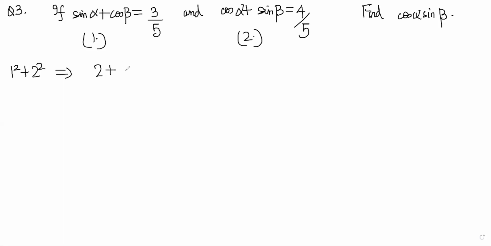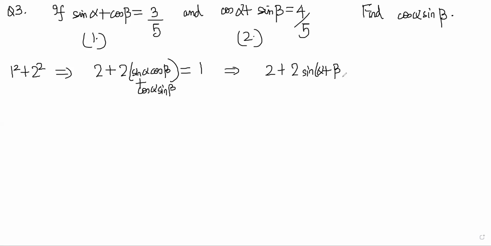This becomes 2 plus 2 (sine alpha cos beta plus cos alpha sine beta) is equal to 9 by 25 plus 16 by 25, which is 1. So you are getting basically 2 plus 2 times sine of alpha plus beta is equal to 1, which implies that sine of alpha plus beta is equal to minus half. So this is the first result that we have gotten.